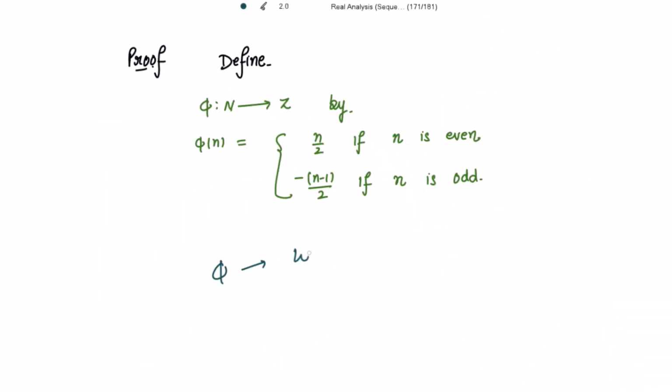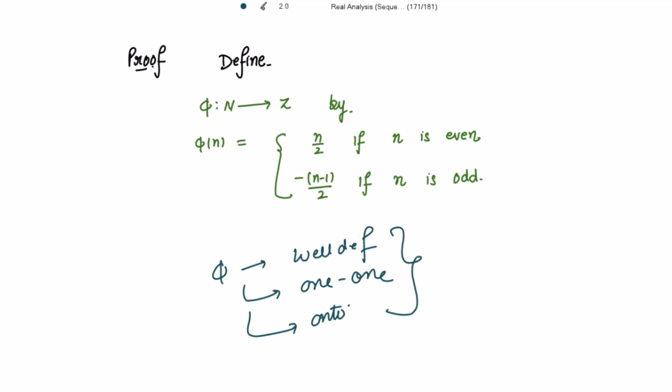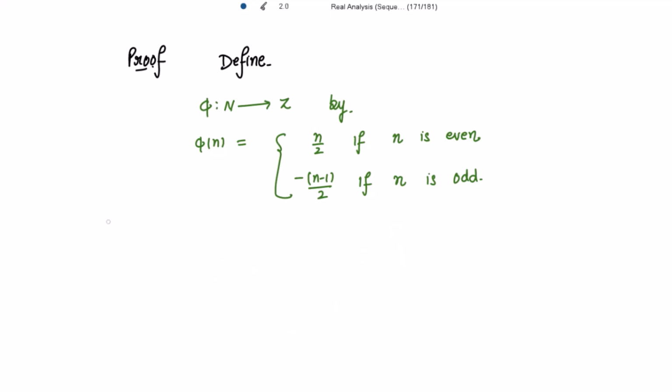Phi is well defined. Phi is 1-1. And phi is onto. If we are able to prove all these results, we say that the set of integers is a countable set for this mapping. So first one is phi to be well defined.